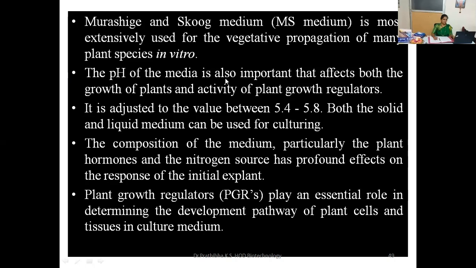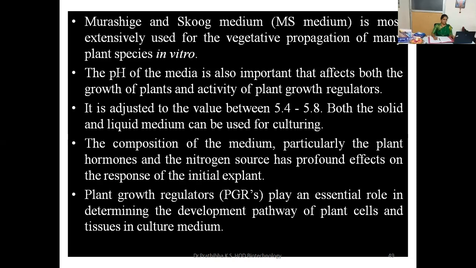The pH of the media is also important, as it affects both the growth of plants and the activity of plant growth regulators. In tissue culture we usually maintain a pH of 5.4 to 5.8. Both solid and liquid medium can be used for culturing plant cells, tissues, and organs. Tissue culture medium consists of macronutrients, micronutrients, vitamins, hormones, amino acids, sugar, and agar.